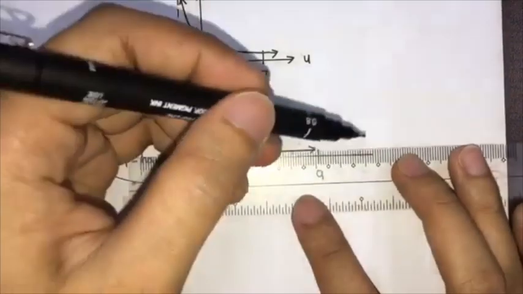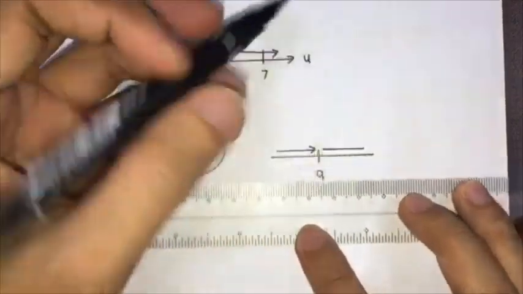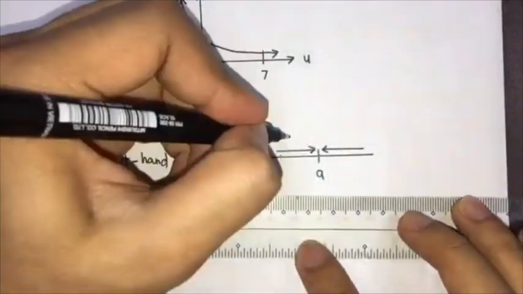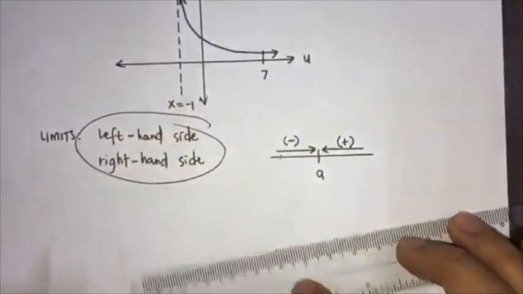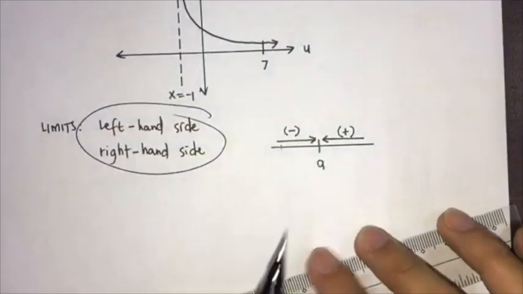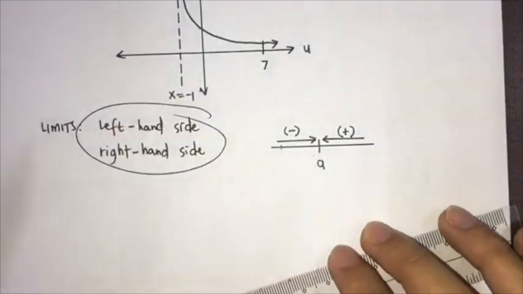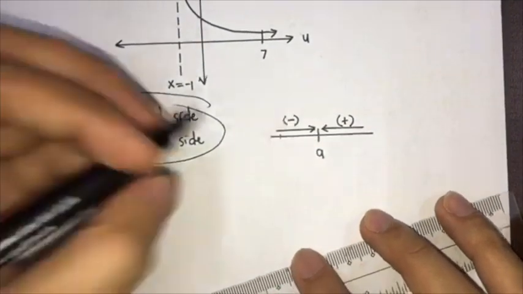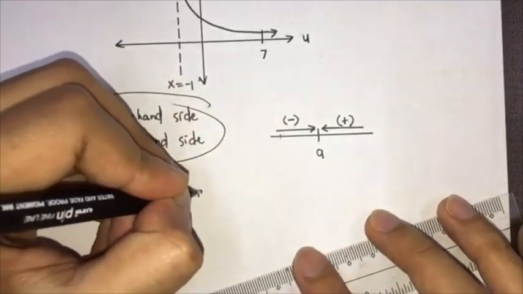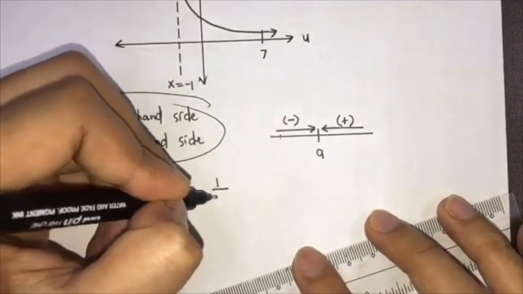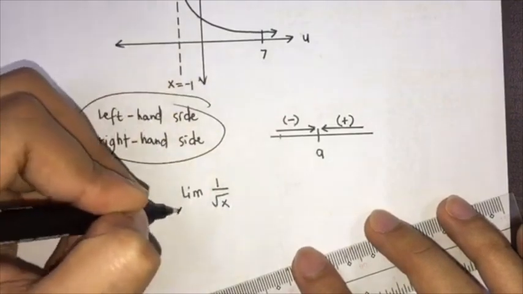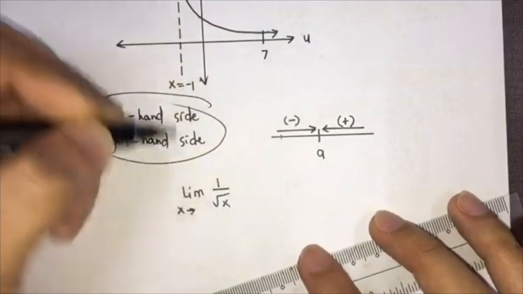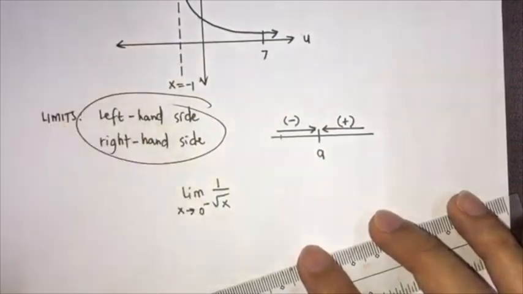For the right side, we have a symbol of plus written above the value of the limit. Say for example, the limit of 1 over square root of x as x approaches 0 from the left.